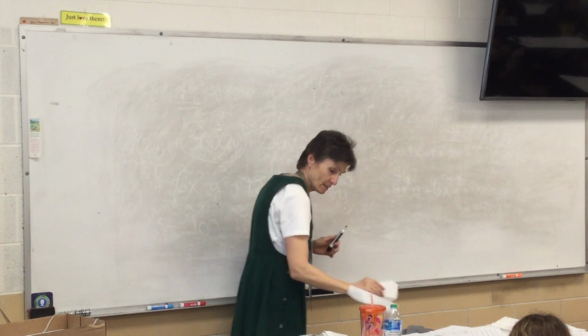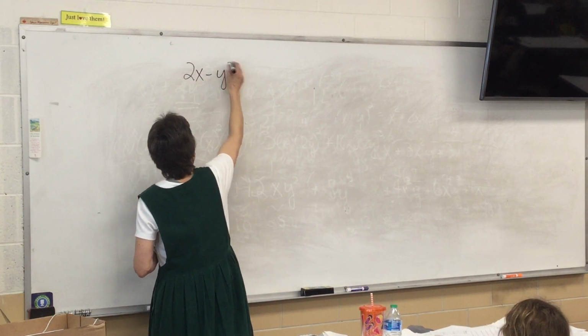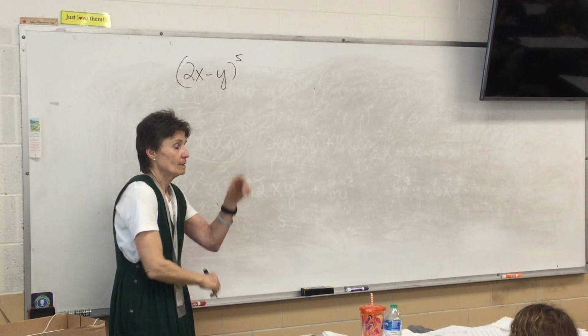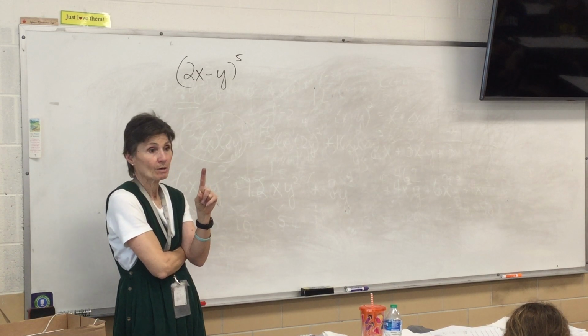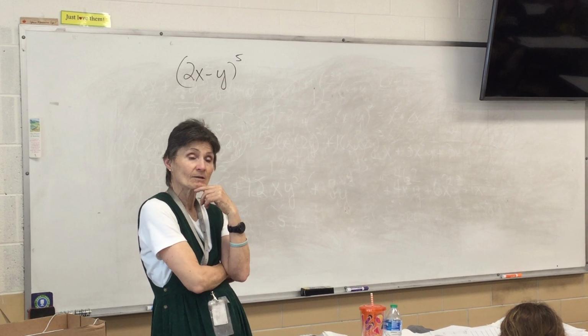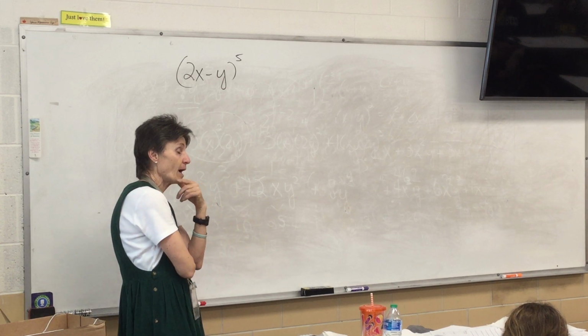Your binomial is 2x minus y, and we're raising it to the 5th power. Step 1. If it's the 5th power, then we're going to go to the 5th row of Pascal's triangle. So hopefully you wrote it down. If not, you can build it.